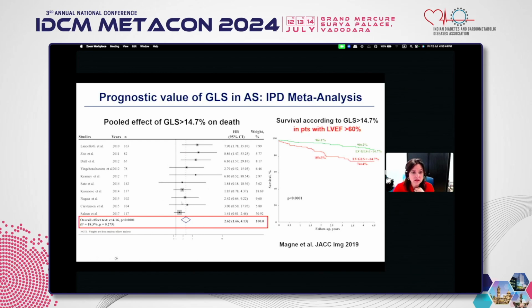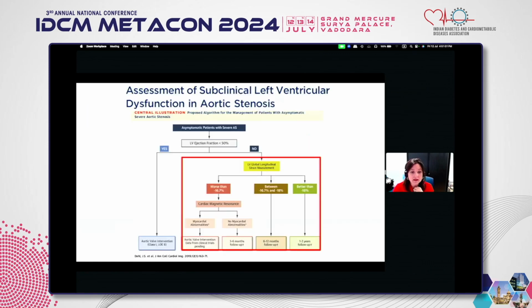And you can see here that including all the other studies, a GLS of around 15-16% could help us identify those at high risk that might need more attention, more follow-up, and eventually the treatment, the intervention. And this is why an expert consensus document suggested that if you have a GLS that is preserved, you can be reassured and just follow up this patient.